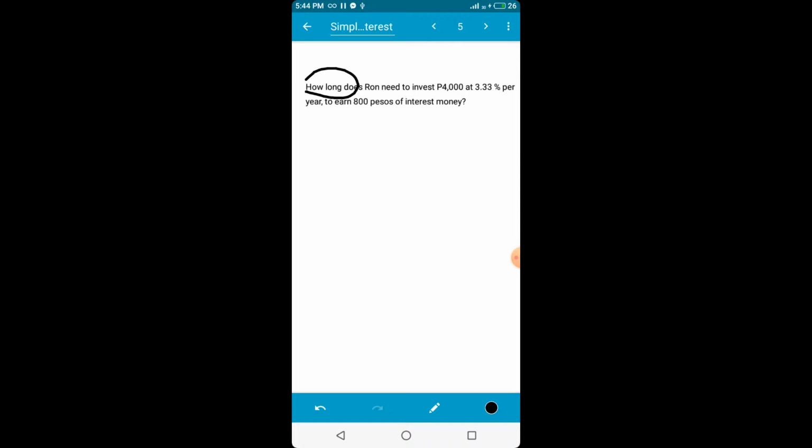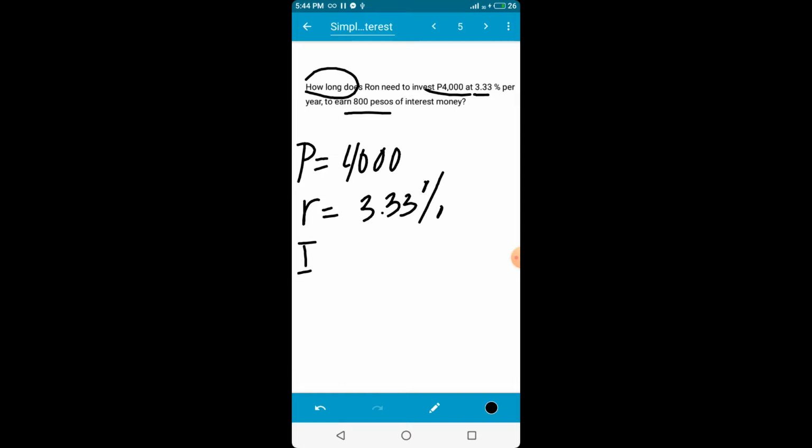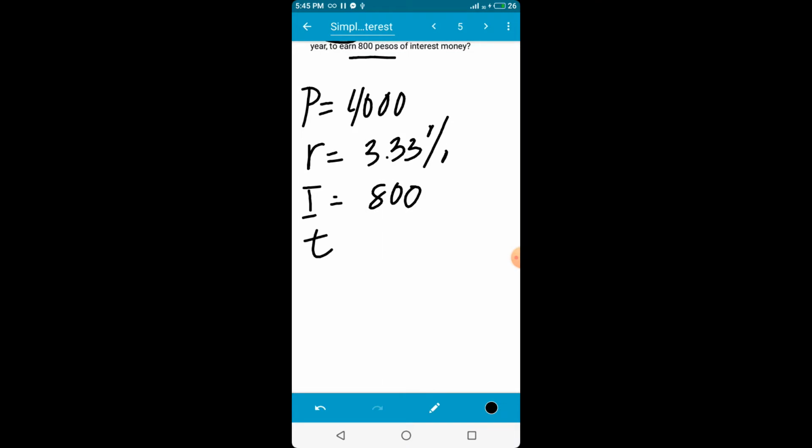Let's identify our given. We have 4,000, the amount invested, so that is 4,000 pesos. And then 3.33%, that is the rate. And the 800 pesos is the interest amount. So what we are looking for is the time.